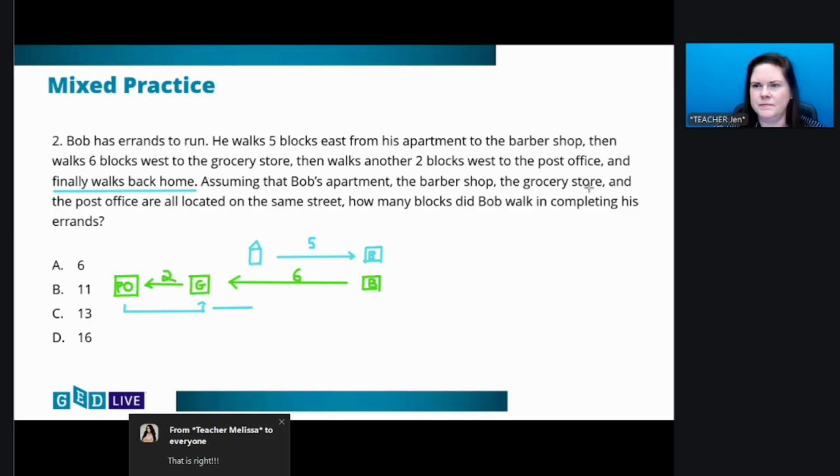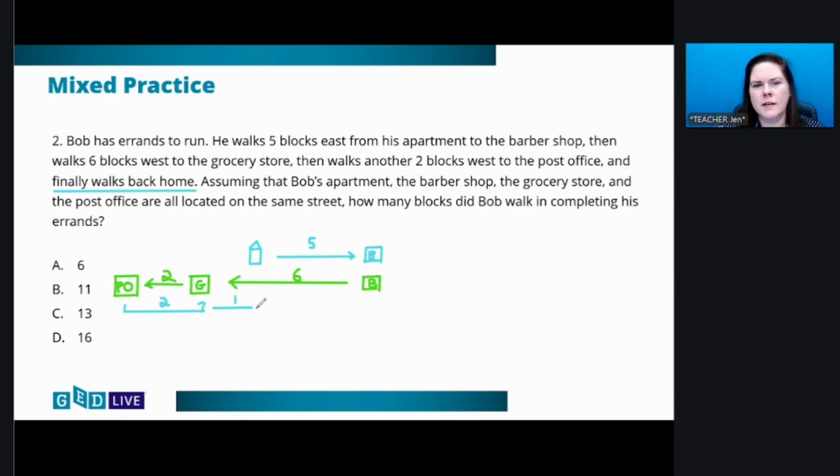So we need 2 here from post office back to grocery and 1 more to get back to his house. So let's count this up. 5 and 6, 11, 2, 13, 2, 15, oh, 16.